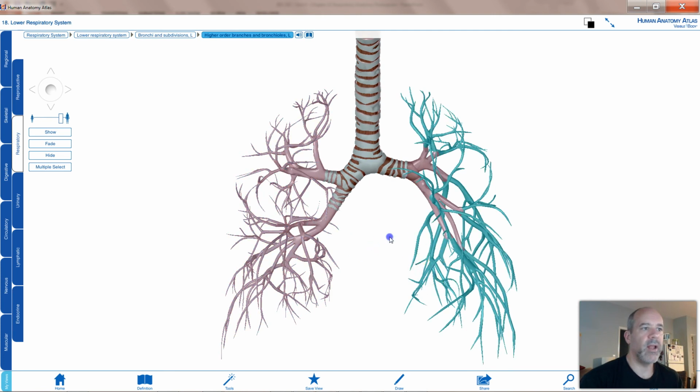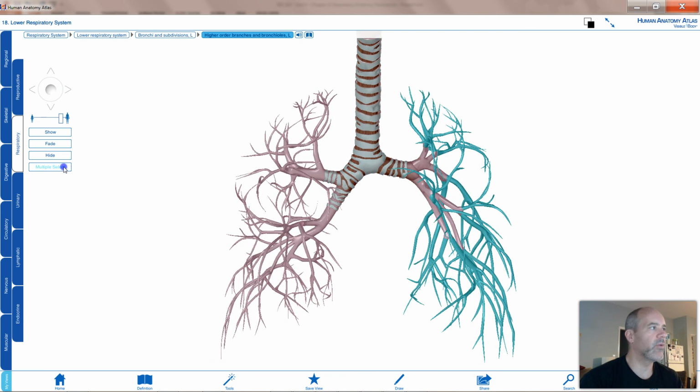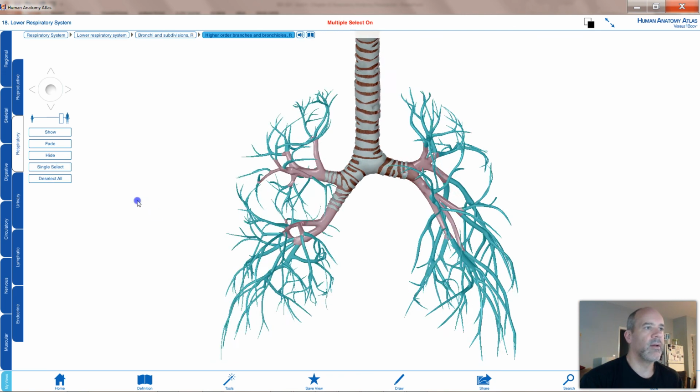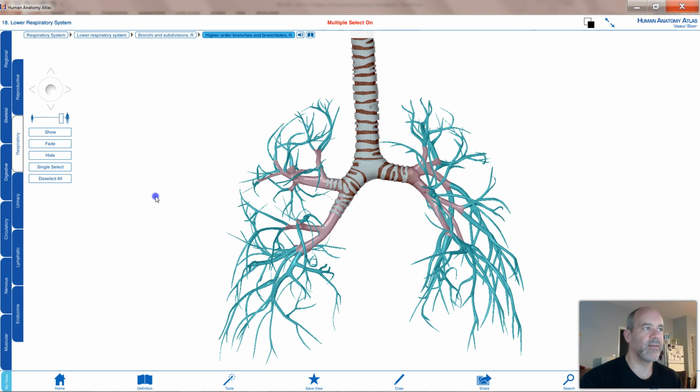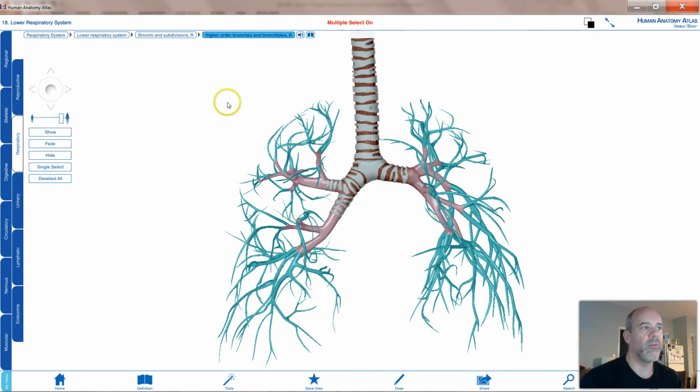All right, and then finally, shaded in blue there, let me turn on multi-select. The other respiratory tubing and passageways that you see there are mostly bronchioles. Those are becoming smaller air passages. Some of them are called, Visible Body is referring to them as higher order branches, like higher order bronchi.